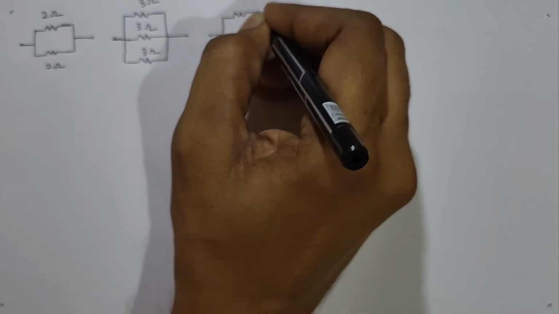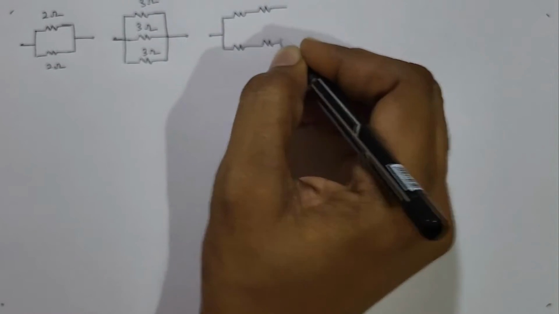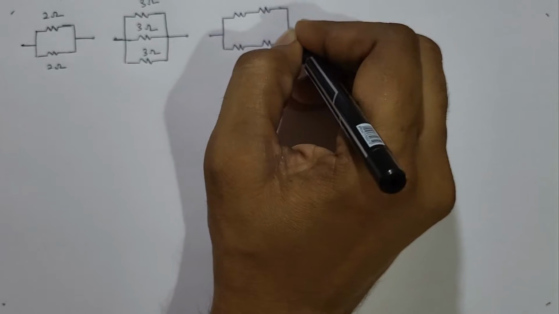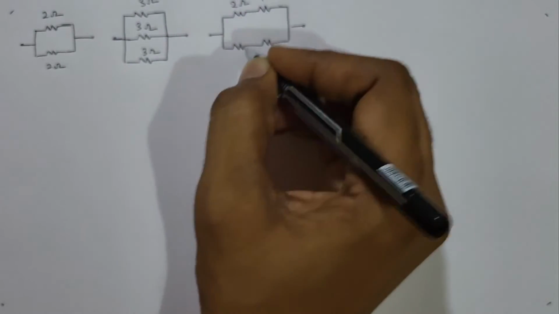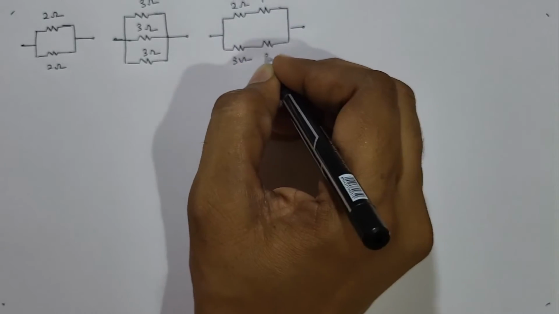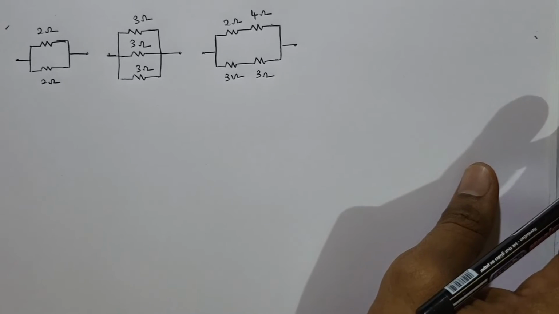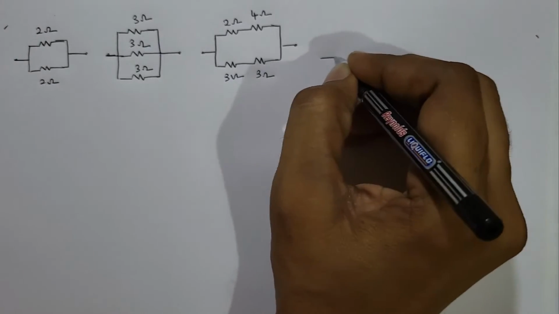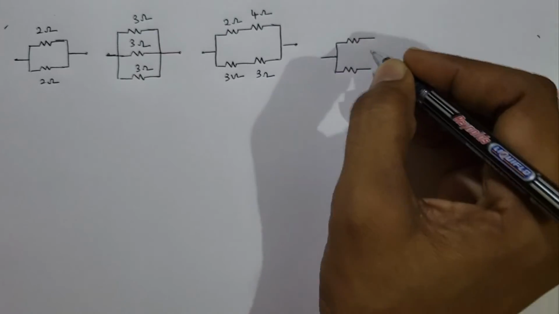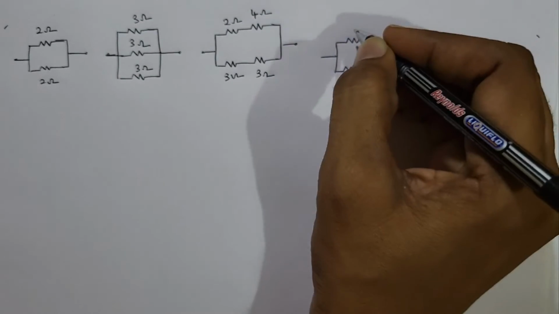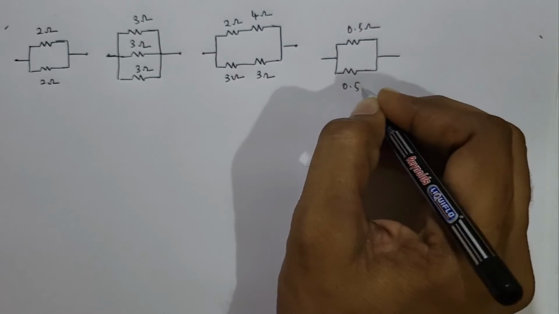This combination has two resistances like this and again connected like this. This is 2 ohm and this is 4 ohm, and this is 3 ohm and this is 3 ohm, and one more combination is given like this. This is 0.5 ohm and this is 0.5 ohm.